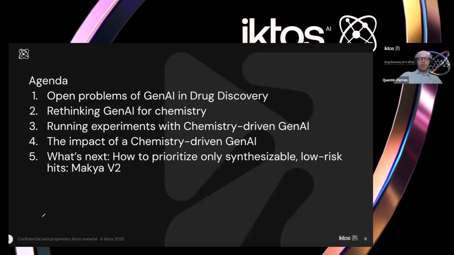Then applying this GenAI technology in experiment to show and to compare versus existing one, and also the impact of those types of new GenAI technology on real use case. And finally, we will describe the new version of Micah, which is our de novo design technology, which allows to apply those GenAI in real life through a software.